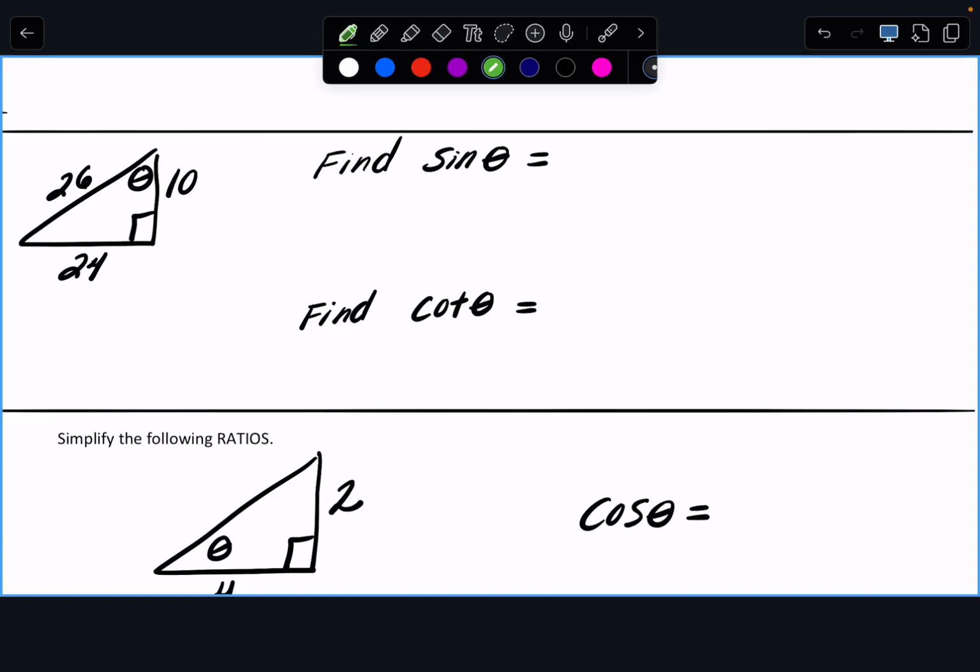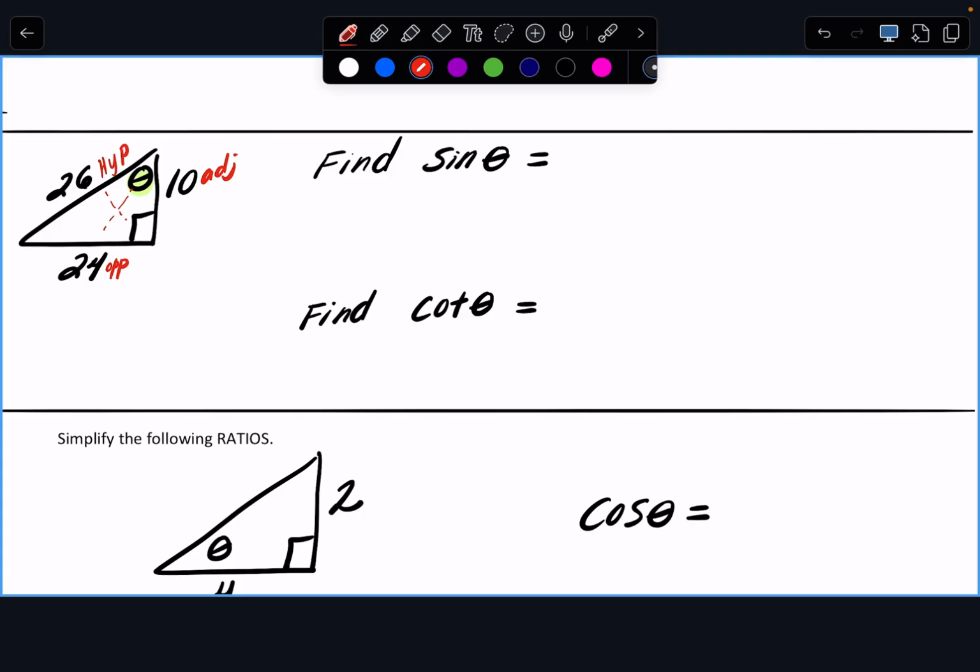Okay, so read this problem because on the test you can't get these confused or you're going to be solving the wrong things. So it says find sine of theta, cotangent of theta. So you're going to say, what is theta? Well, isn't this apparently theta, everyone? Yes? So then if you need to label it, straight across from this will be considered opposite. Across from the 90 is hypotenuse, which means this is adjacent. So then it says find sine of theta.